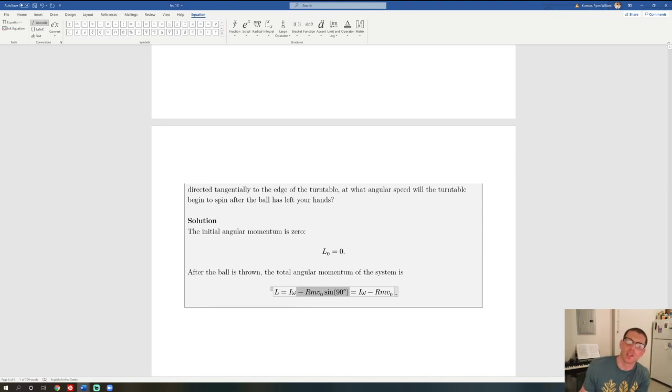So you take your right hand, point it in the direction from the center of the circle to the point where the ball has been thrown. Then curl the fingers of your right hand in the direction of V naught, and your thumb should point, if you're lining your hand up with the screen, so your palm is basically towards the floor, into the screen.